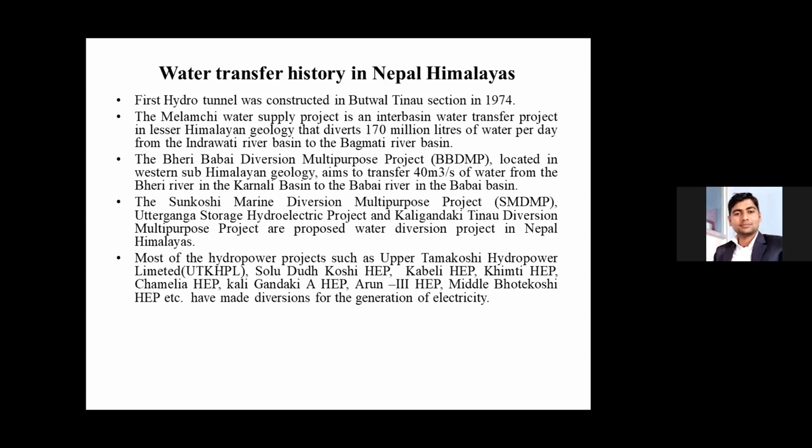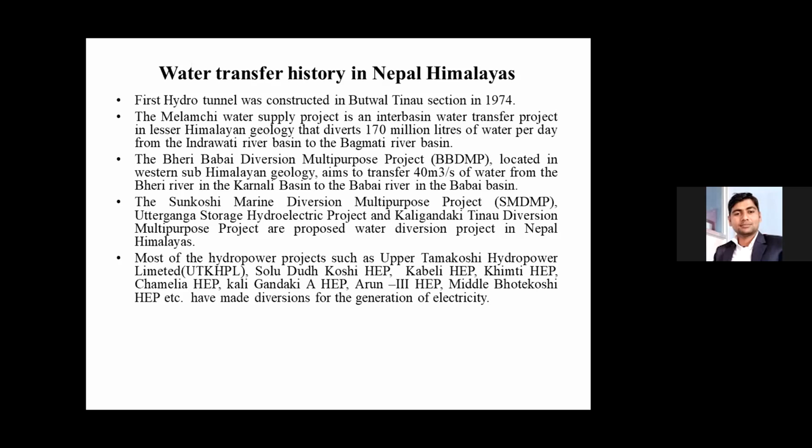It is in the sub-Himalayan region, the Siwalik of the Nepal Himalayas. It aims to transfer water from the Bheri River Basin to the Babai River Basin, transferring 40 cubic meters of water per second for electricity and irrigation.